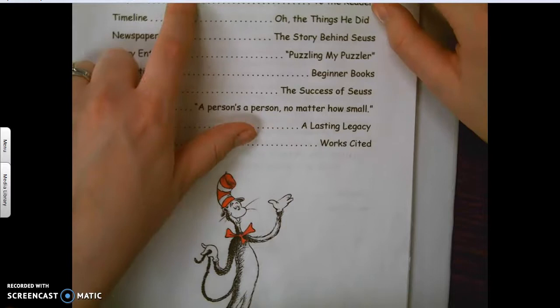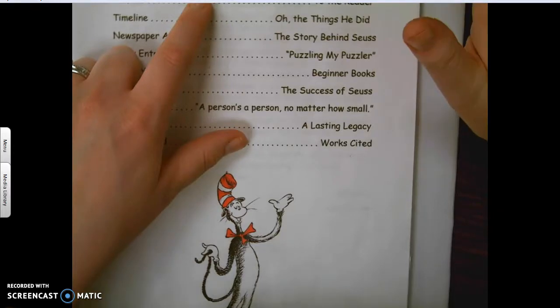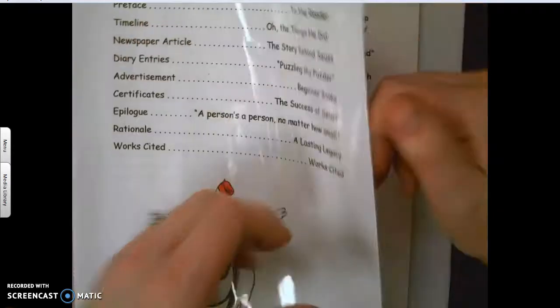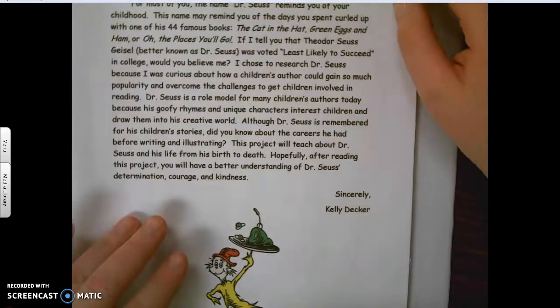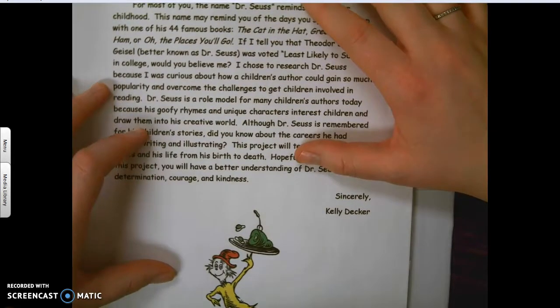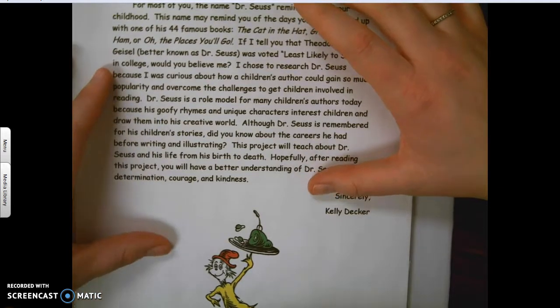You can see that the formatting is included, with this particular font being the same for each of the titles or headings throughout the project. They've even added an interesting little picture down here.